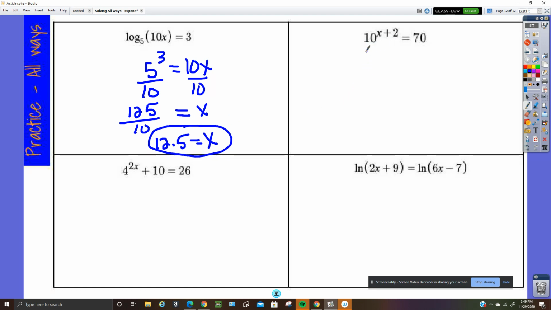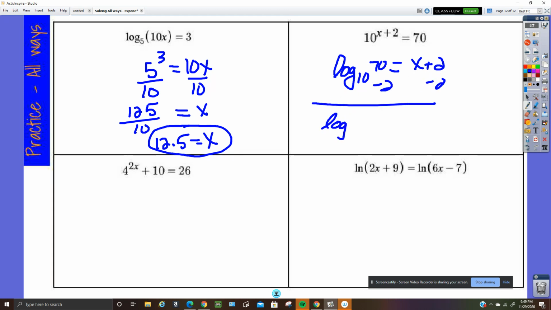Not the same base, so I'm going to change it to a log form. Log base 10 of 70 equal x plus 2, and then subtract 2. And then you'd need the calculator to get the decimal approximation, and I'm not going to do that. You're going to do that on your own.